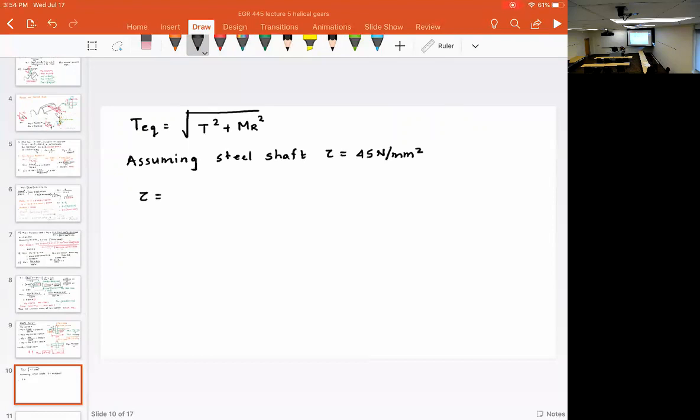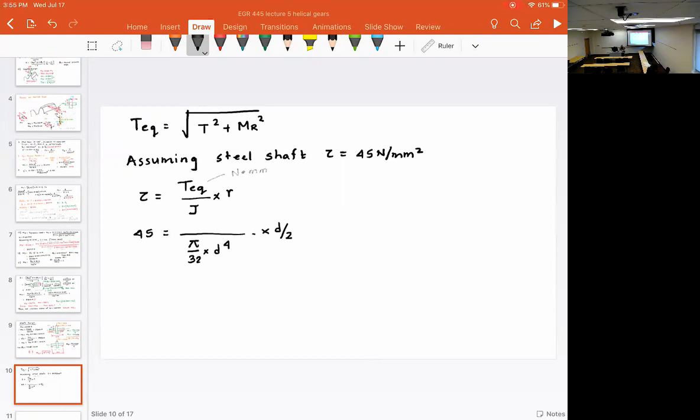Tau is equal to TEQ divided by J multiplied by R. 45, TEQ needs to be in Newton, this should be Newton millimeter. J is pi by 32 D to the power 4 times D by 2.